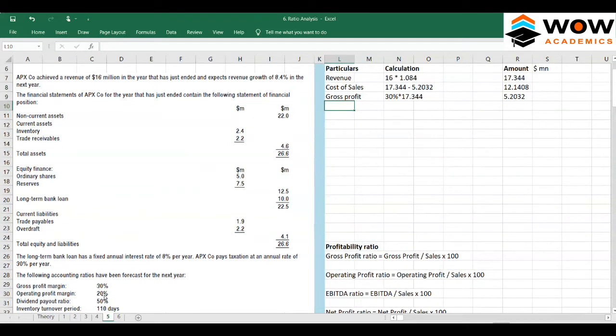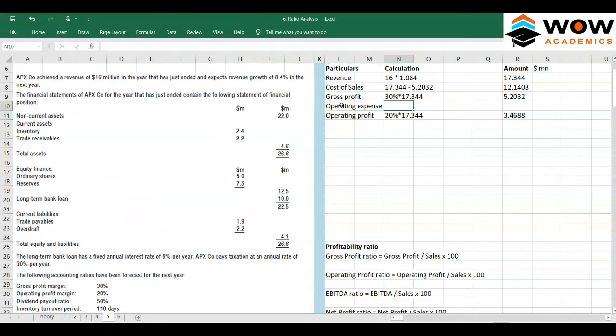So what's the next number? The next number is about operating profit. If you see, it is 20%. So this would be operating expense, right?